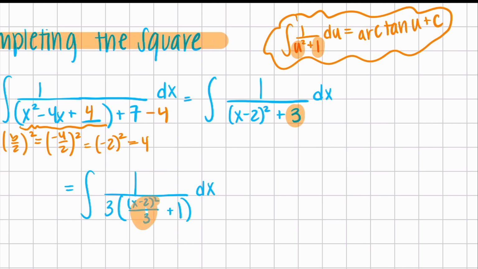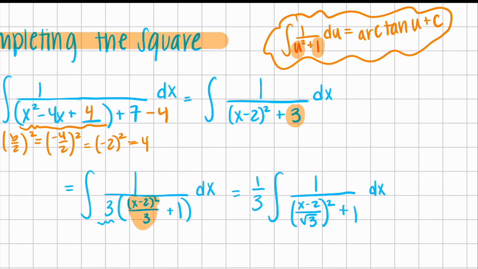Right now in my problem, I have an expression squared divided by 3. So I want to rewrite it. I'm also going to bring my 1/3 out front. So I'm going to rewrite this as ((x - 2)/√3)² + 1 dx.